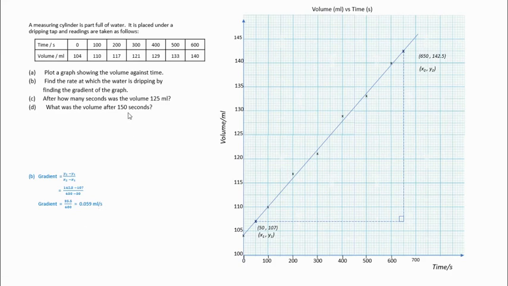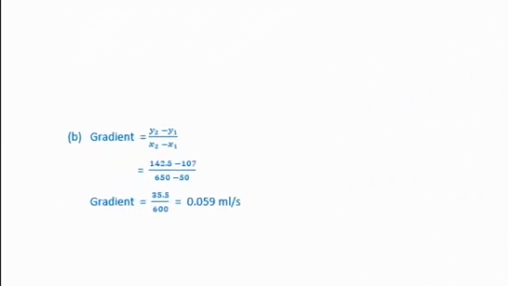Your gradient must also have a unit. You're dividing the change in the quantity on the y-axis by the change in the quantity on the x-axis, so your gradient must have a unit that reflects that. The unit for the gradient is the unit from the y-axis divided by the unit from the x-axis.